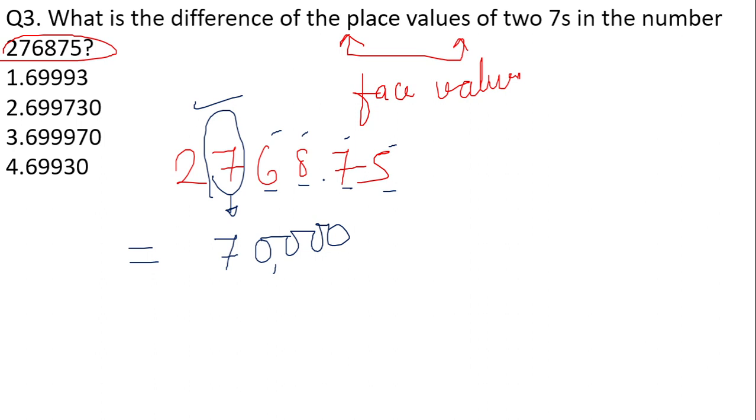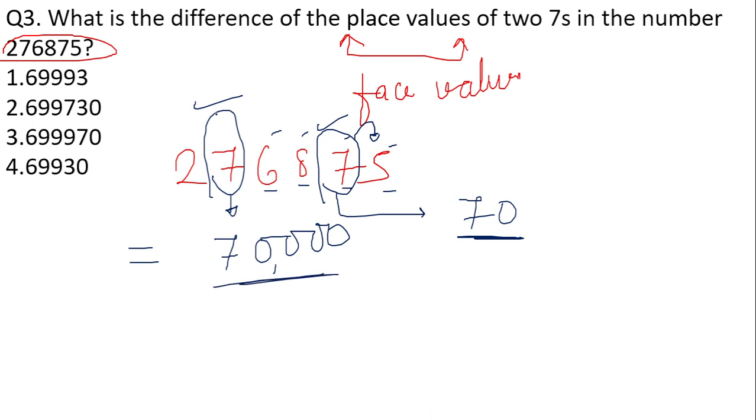The second 7's place value is going to be 70 because there is only one digit after that 7, right? So this is the place value of this 7 and this is the place value of this particular 7. What have they asked us now? They have asked us the difference. Difference means we have to take the subtraction, 70,000 minus 70.